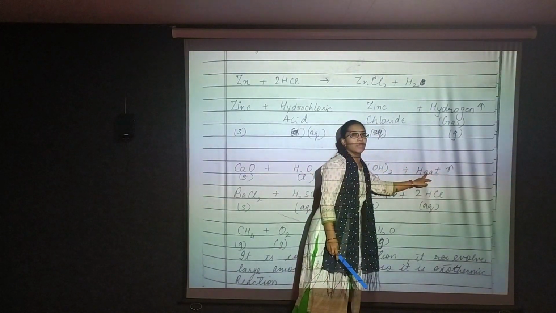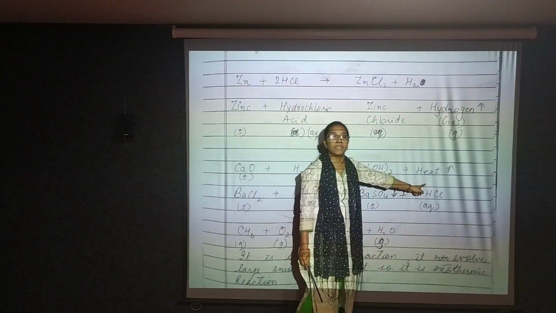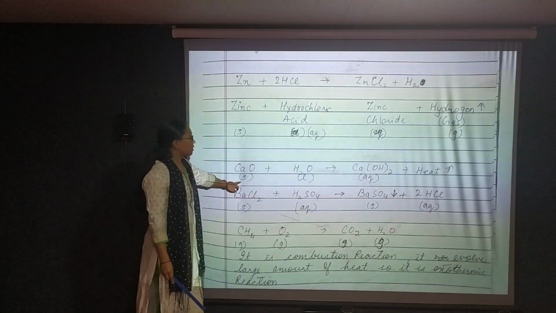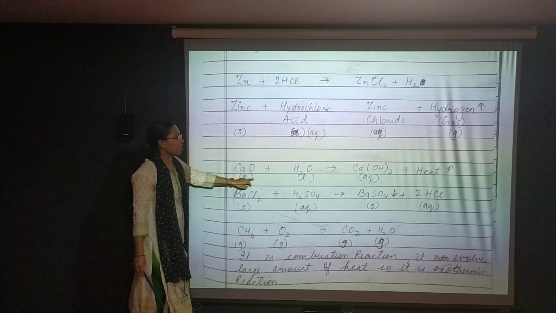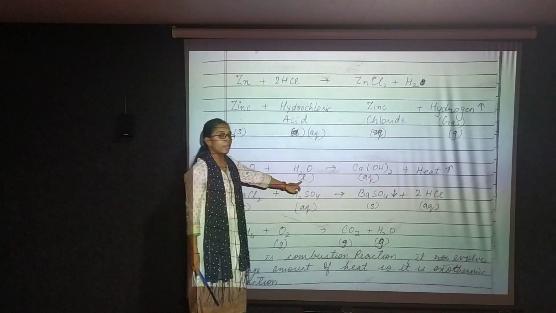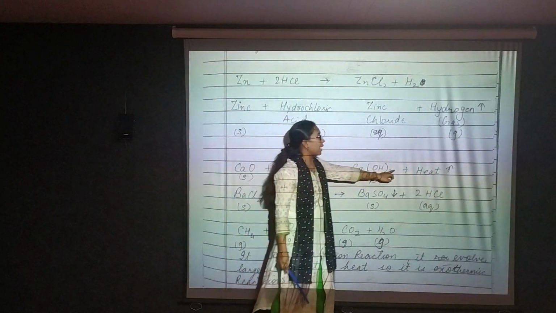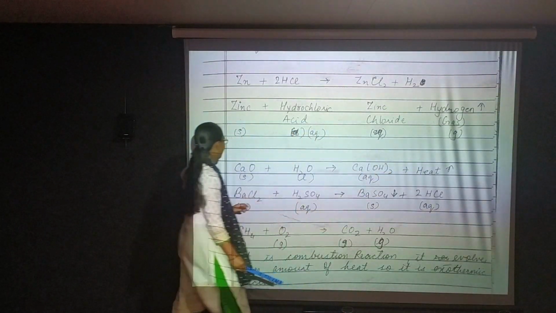Again this arrow means the heat is evolved, so it is an exothermic reaction. Calcium oxide is in solid form, H2O is in liquid form, Ca(OH)2 is in the aqueous form, and heat is evolved.